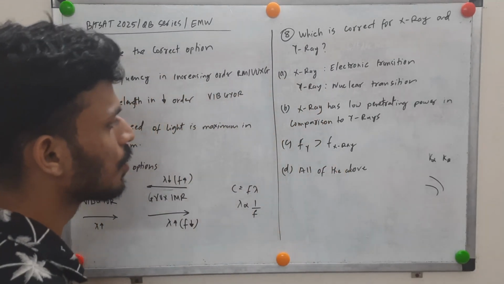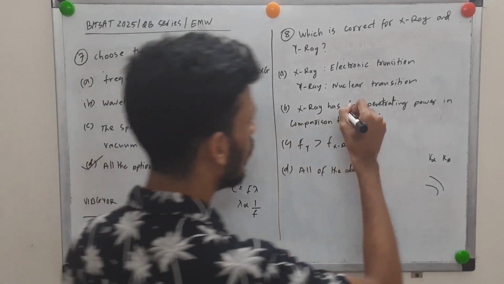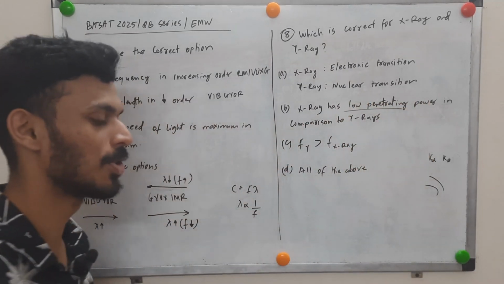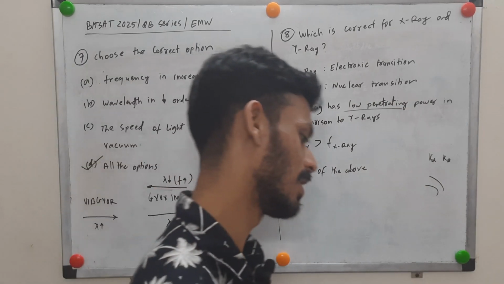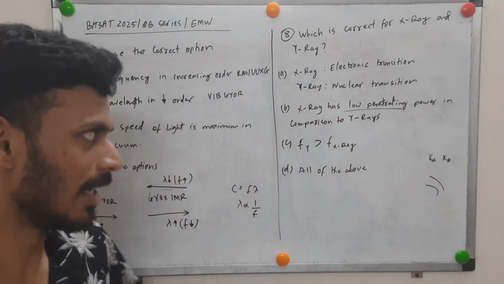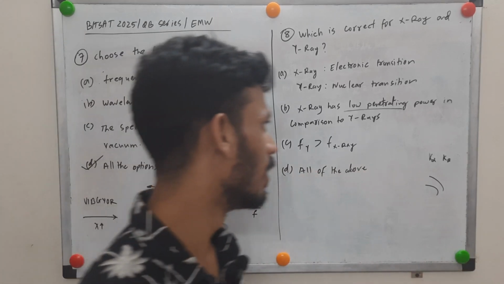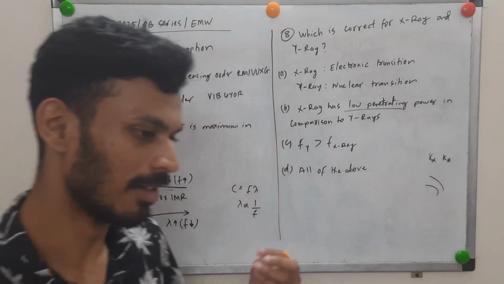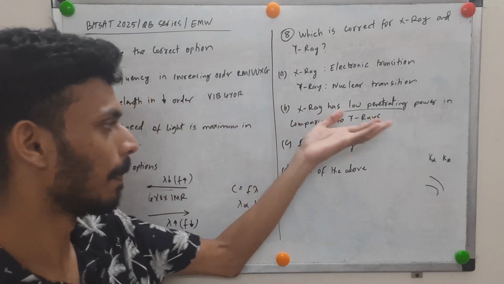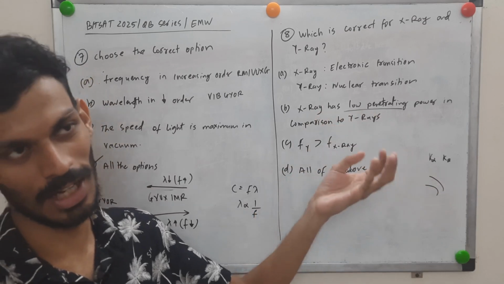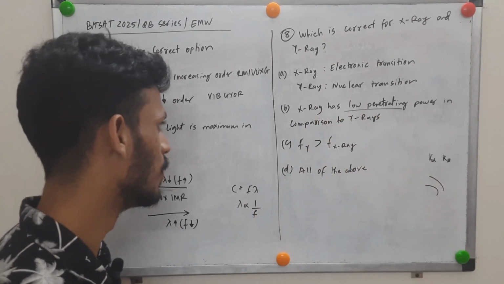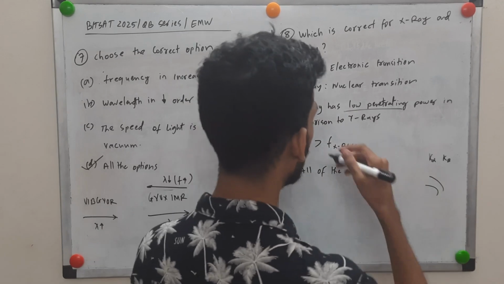Because it has low penetrating power, it cannot pass through your bones. It passes through the skin, but not through your bones, and it leaves that imprint. So that is qualitatively the idea behind X-ray. It has low penetrating power compared to gamma. Gamma will pass through you. That way you can remember.